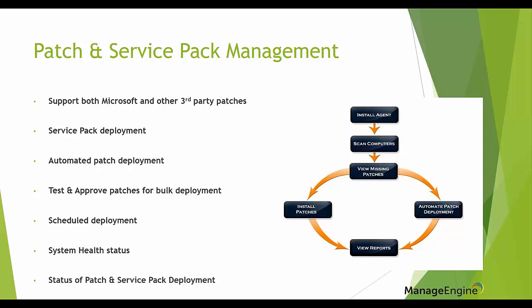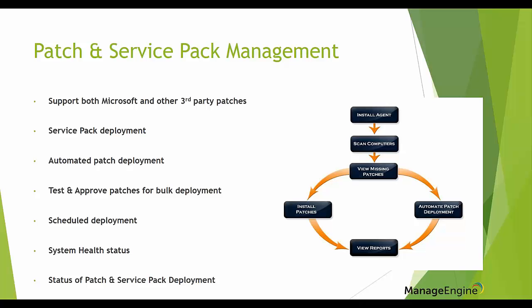As you can see on the right of the text again, we install the agent, we scan computers, and that scan will send a list of patches which are due. And from the dashboard, we see view missing patches. We install the patches or deploy patches, do automatic patch deployment, and we just see the reports and see how it went.